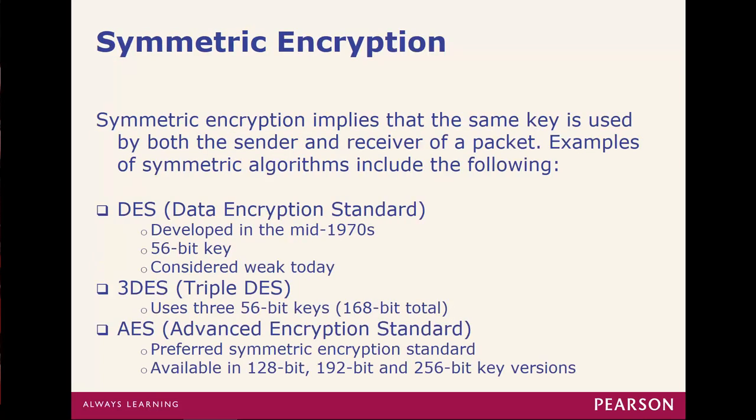Symmetric encryption implies that the same key is used by both the sender and receiver of a packet, so the same key unlocks and locks it. Very common types of symmetric encryption are DES, triple DES, and AES. But don't we use AES for WPA2?